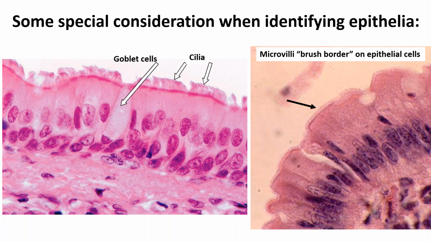So again, if you see some of these features, such as cilia or the goblet cell, that's going to kind of narrow down where we are in the body. Now, if the pathologist gives you a specimen, you don't have to really guess where it's from. But if you're teaching a histology class and you're trying to identify tissues, some of these are good things to know, especially when you're trying to figure out what system it belongs to.